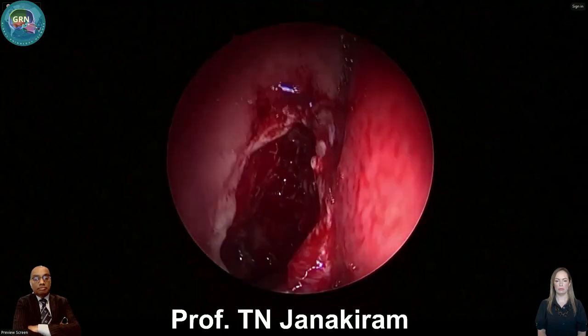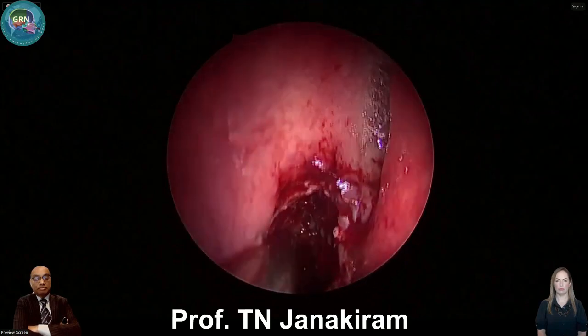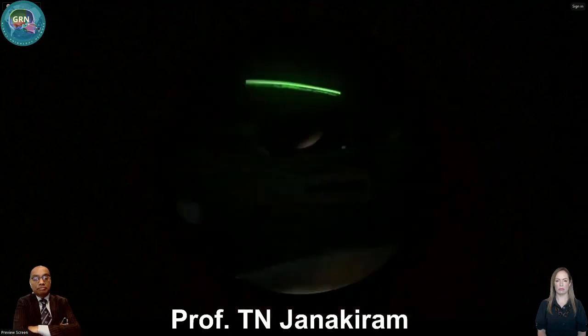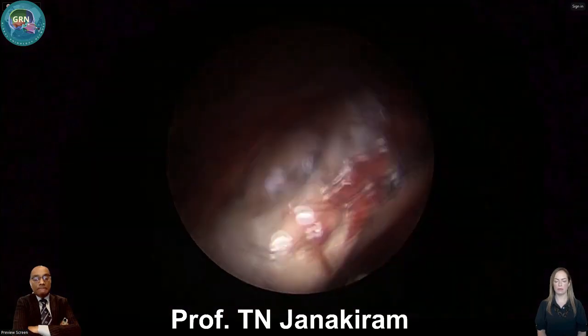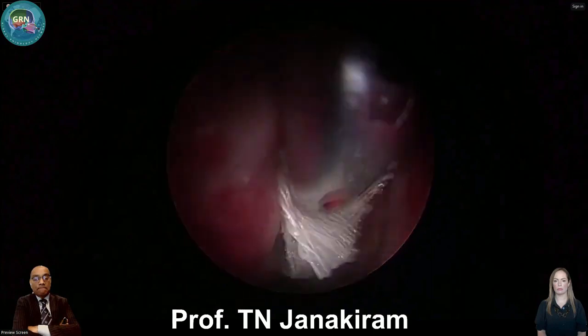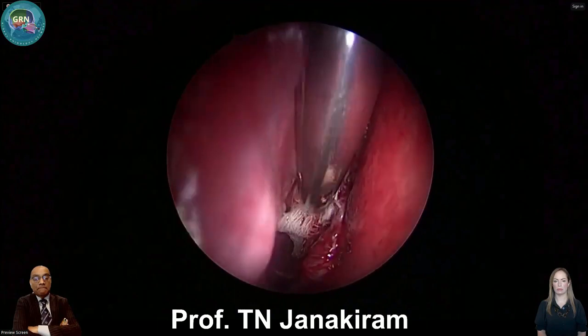So I use a steroid, that is Decadron, and I soak it there. Can you all appreciate it, please? Now what I will do is I'll just push this steroid soaked lint inside the frontal. Give me a J-curette.